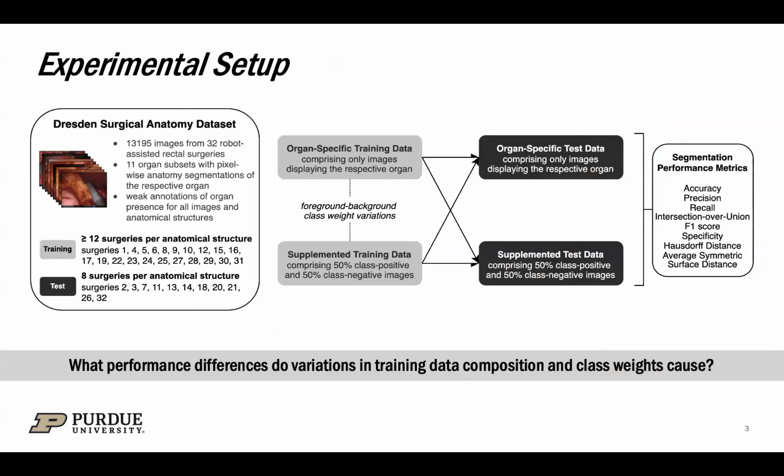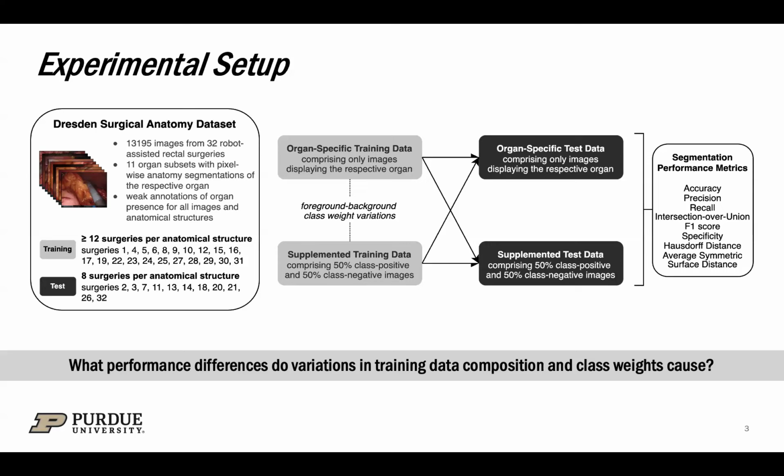So, especially in the context of data scarcity and the potential consequences, where to cut and where not to cut, it is very important to be aware of the performance differences that may be caused by variations in training data composition, and also the training parameters.